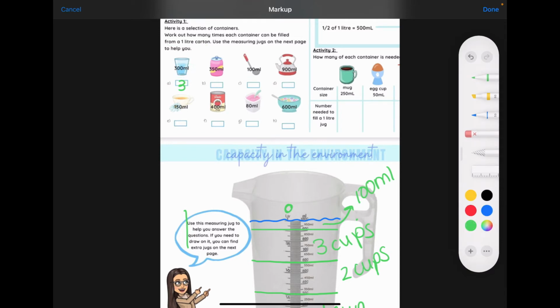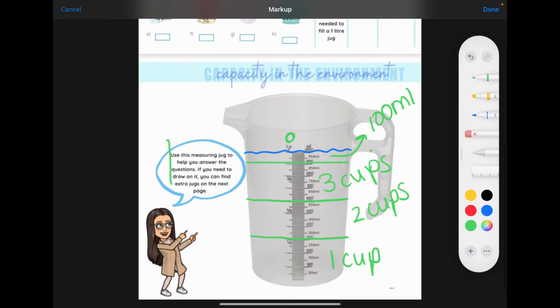Okay, so let's go back. Now, if you wanted to delve deeper and challenge yourself, you're more than welcome to tell me, well, what fraction of the 4th cup could be filled with the remaining 100 mils of water. So I could fill 1, 2, 3 cups completely using the 1 liter jug of water.